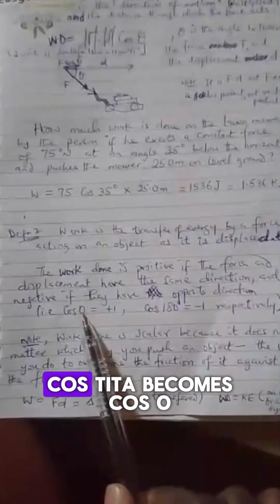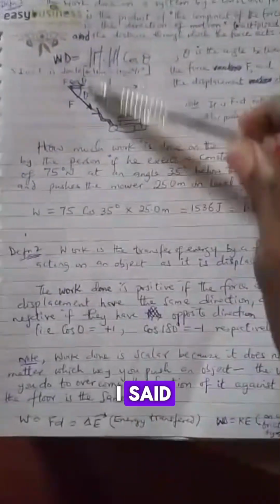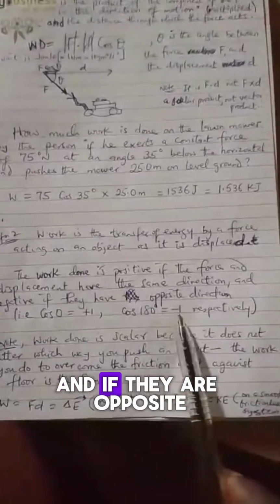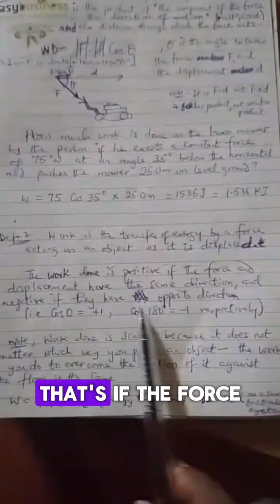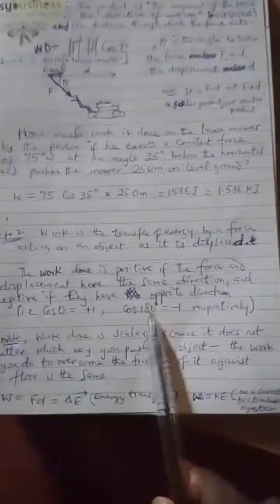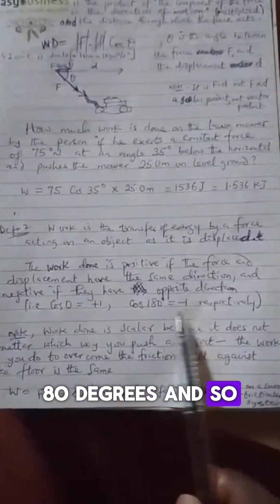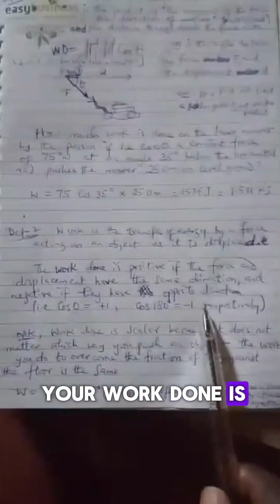In the same direction, cos theta becomes cos 0, which is 1, like I said. And if the force and the direction of displacement are opposite, theta is 180 degrees, and so cos theta is -1.